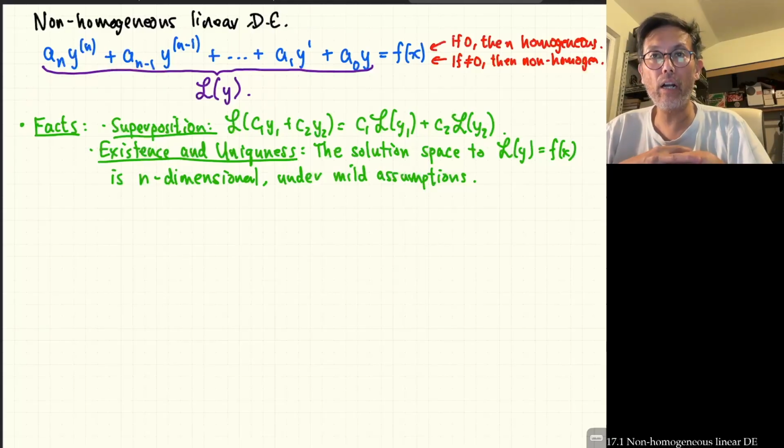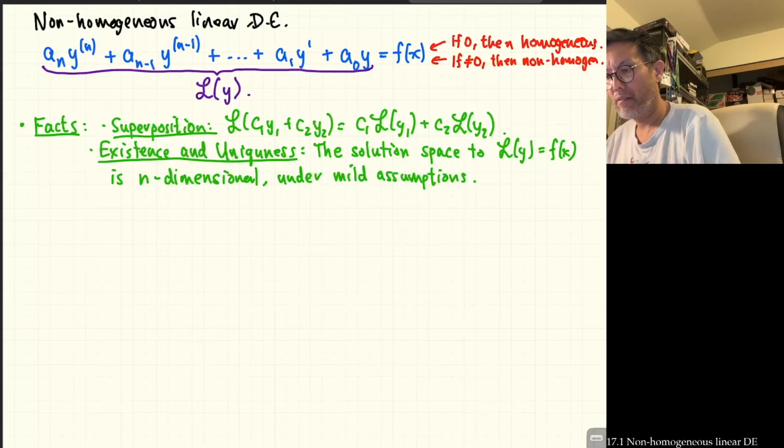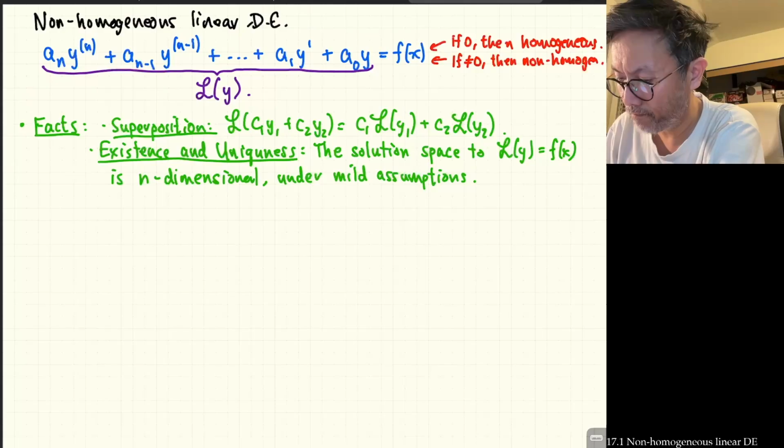Well, this is where we want to think a little bit about how these ideas come together. So here's some terminology, a definition.